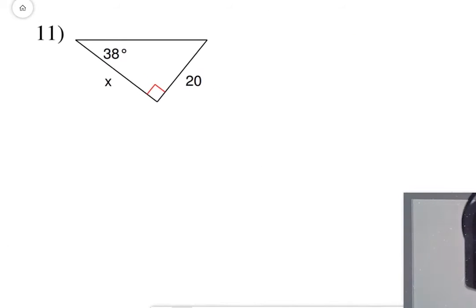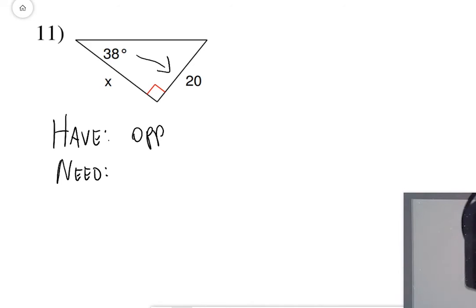Number 11. What do we have? What do we need? You know the deal. Ready, set, go. Well, I'm not even going to bother highlighting this time. It looks to me like what we've got is the opposite leg, and what we need is the adjacent leg.